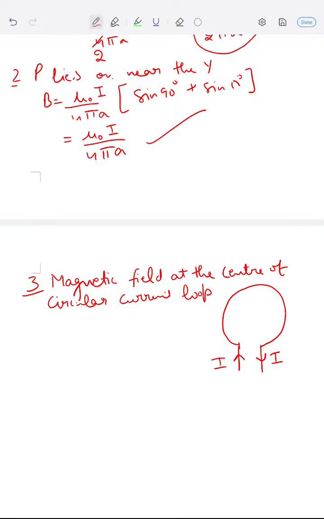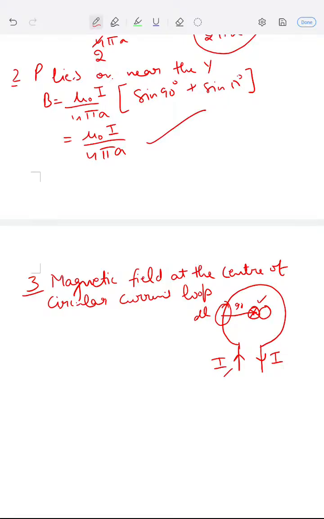We need to calculate the magnetic field at the center O. The magnetic field is produced at the point O. This is a small length of the conductor, dl, and from here we have radius R. The current is flowing through the circular wire, and the magnetic field is produced at the center point.